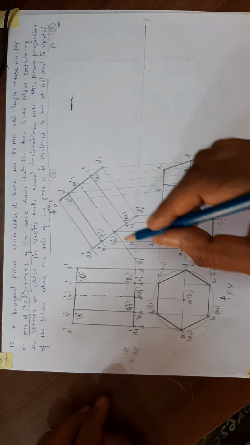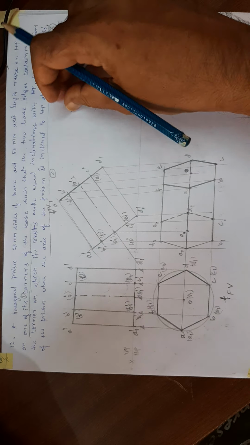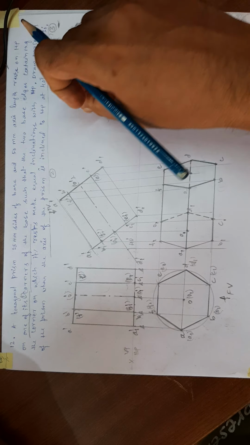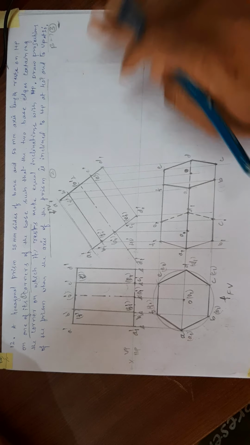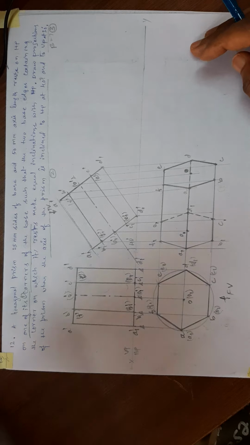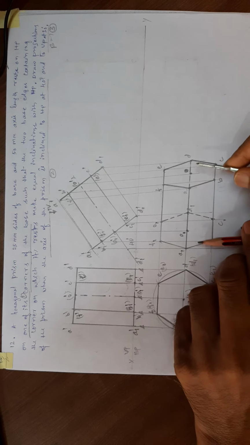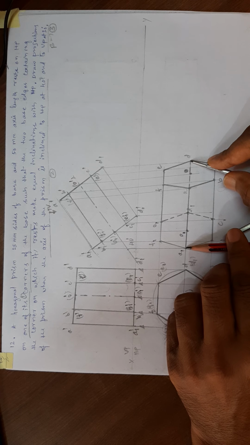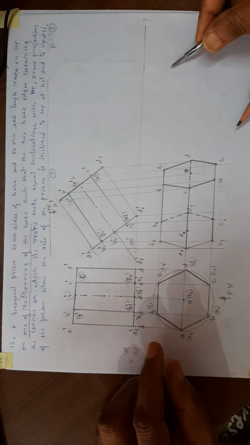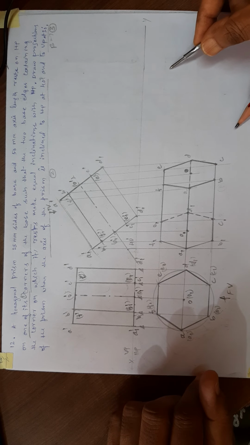Then we have to draw when the axis is inclined to VP. So here the axis is inclined to VP, so we have to find out the beta angle. To find the beta angle, first measure this width. This top view must be accommodated here. The 30 degree you have to accommodate somewhere like this.